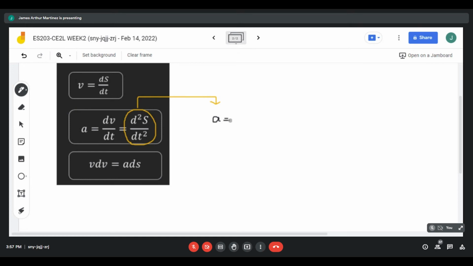Acceleration is known to be dv over dt, and we also know that velocity is equal to ds over dt. Substituting and simplifying, you'll have the form d squared s over dt squared.